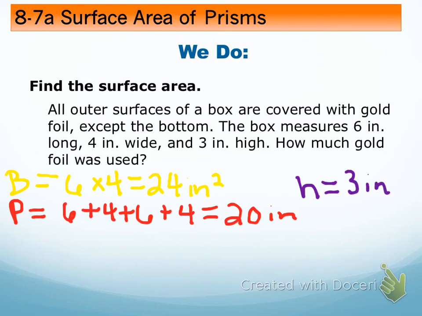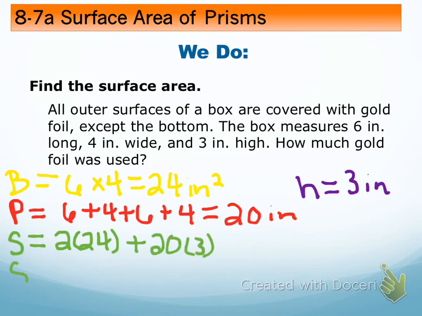So the first thing I'm going to do is find that surface area. Surface area, remember, is twice the area of the base plus the perimeter times the height. So when we do our calculations here, the surface area is going to be 108 inches squared.